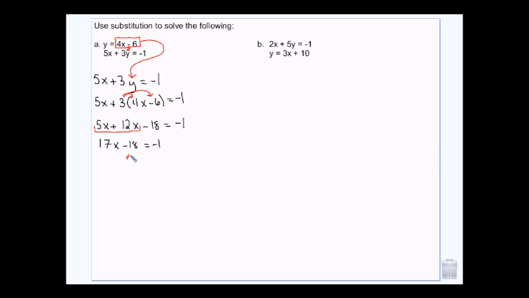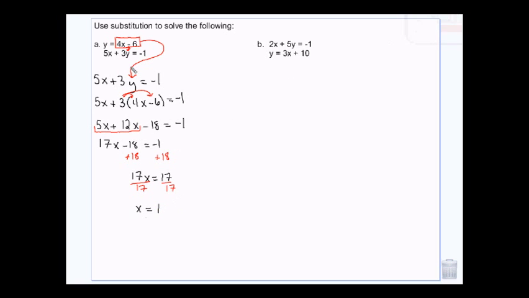Going to add 18 to both sides. 17x equals 17. So I'll divide both sides by 17. And x will equal 1.